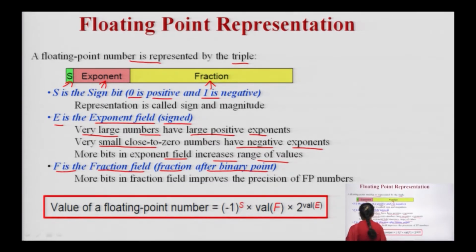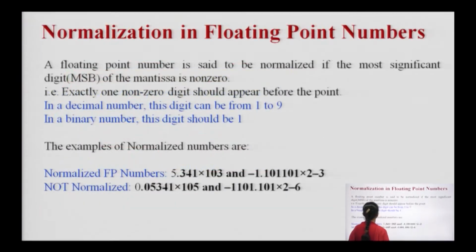So the value of a floating point number is represented by these three parts: minus 1 raised to the power s, depending upon the s value 0 or 1, times the value of the fraction, times 2 to the power of the exponent. Here I am assuming the number to be represented in binary form.